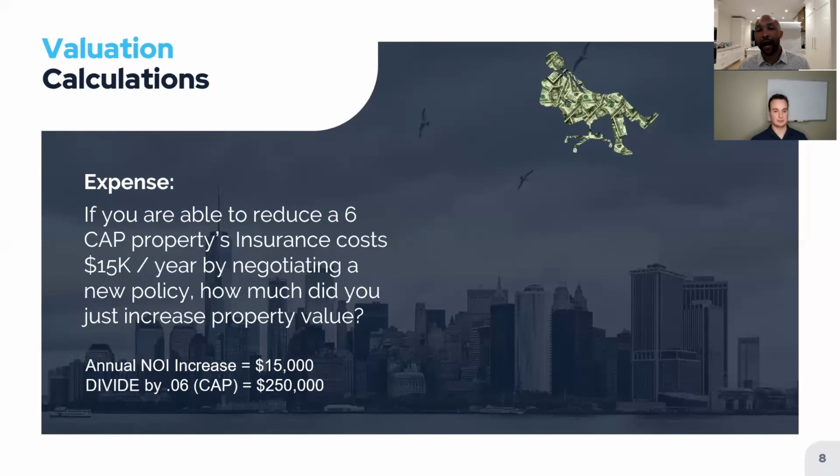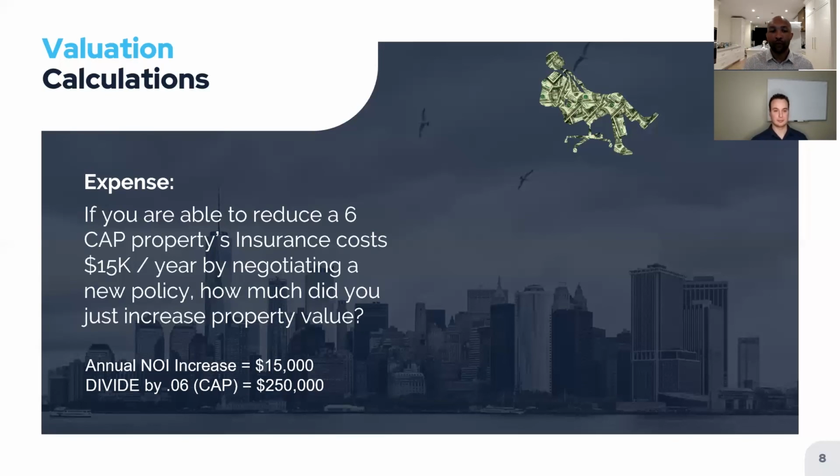How many hours would you have to work at a job to create $250,000 in value? That's why most people are stuck working a job. And some people are investing in real estate, changing their life because they understand this powerful tool.